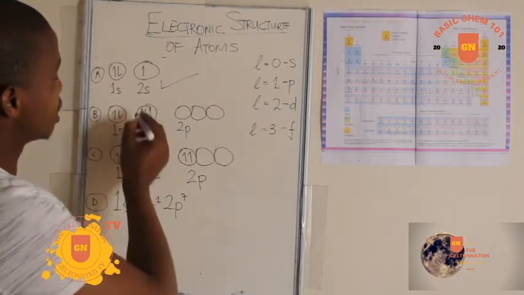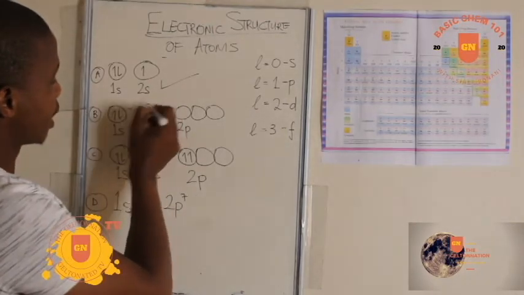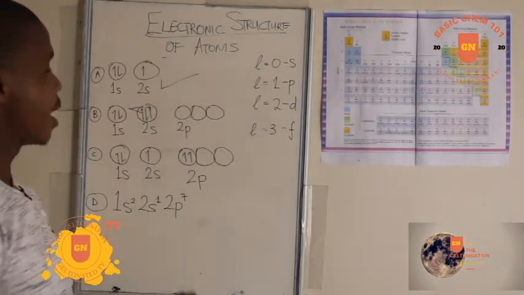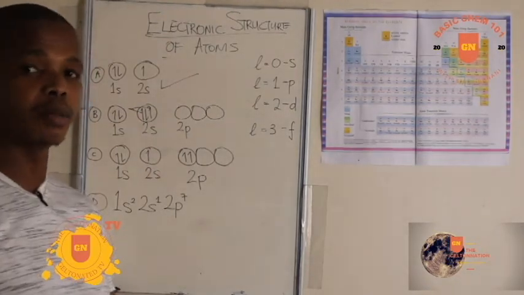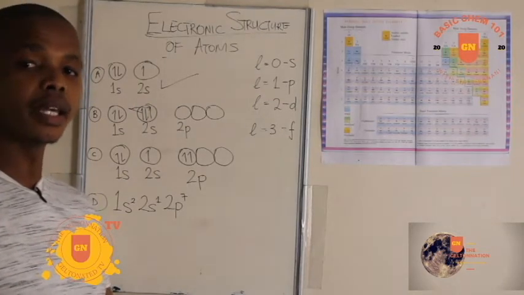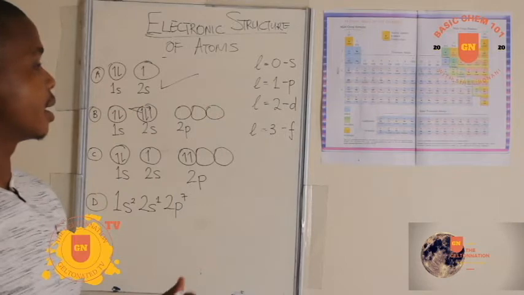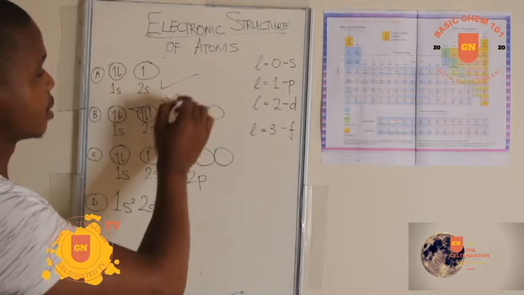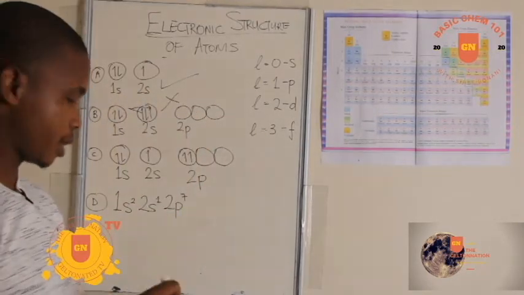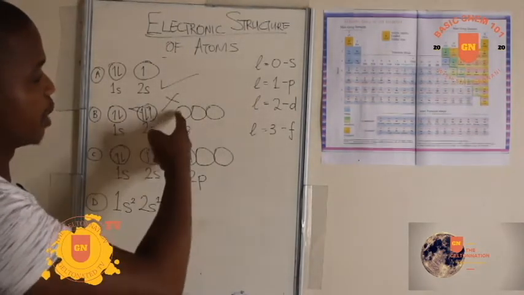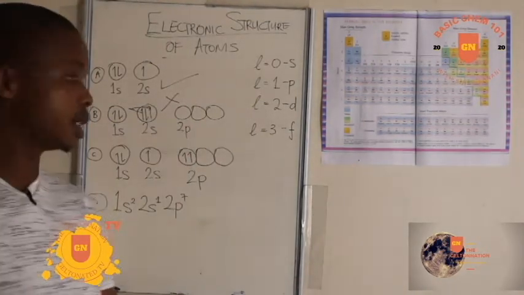If you have 3, it means two of these have the same set of quantum numbers. So Pauli's exclusion principle doesn't apply here. So this one is not possible. It would be possible if one of these had moved to the p orbital.